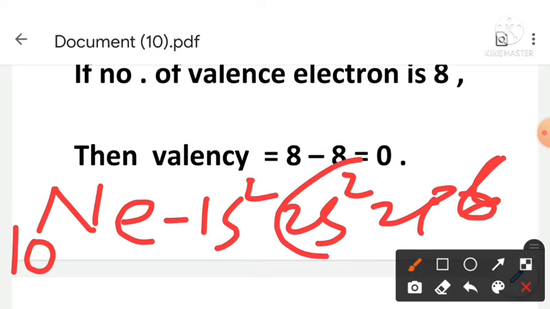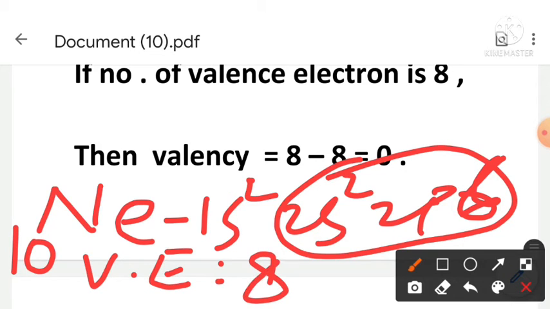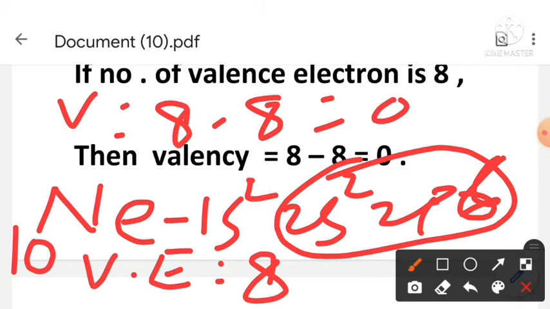Here the outermost shell of neon is 2s2, 2p6. So here valence electron is 2 and 6 is equal to 8. So valency is equal to 8 minus 8 is equal to 0. Then in this way we derive the valency of any element.